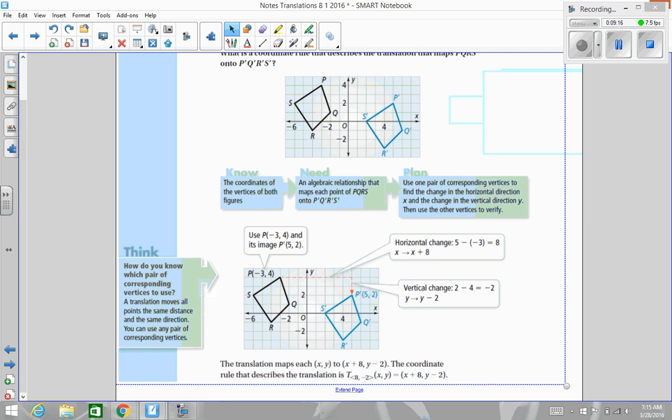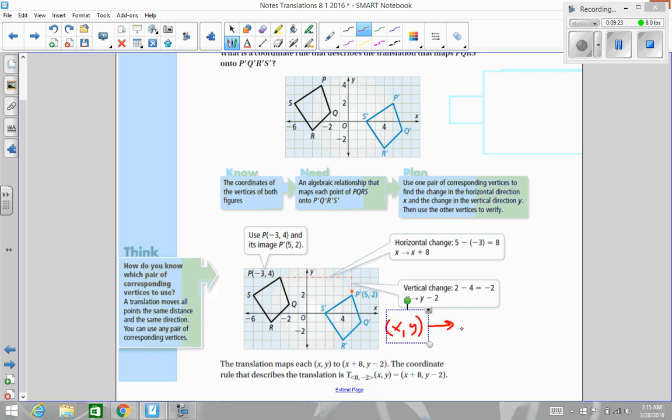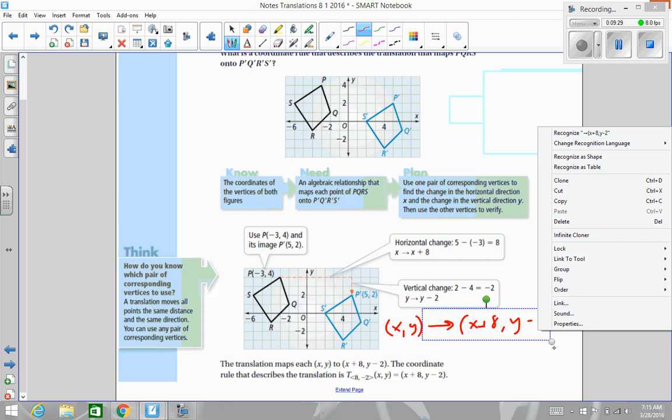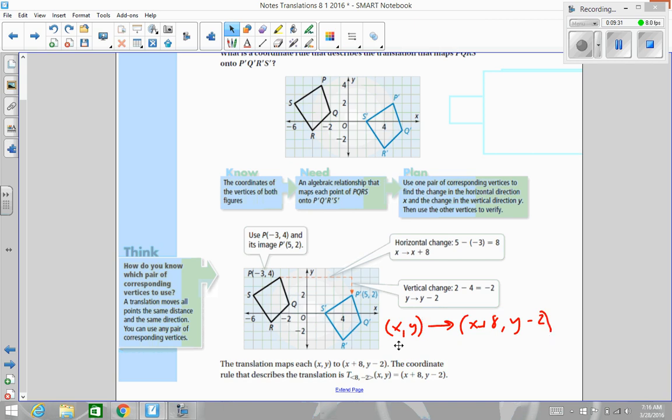Remember that I told you I want you to write it the correct way: (x, y) changes to (x + 8, y - 2). This is how we want this one written at all times, so make sure you write it like that. If you don't, I'm not going to give you credit. I don't want the transformational function notation, even though it has a vector down there. You do need to know how to write that vector, and you do need to find the magnitude of the vector and things like that.